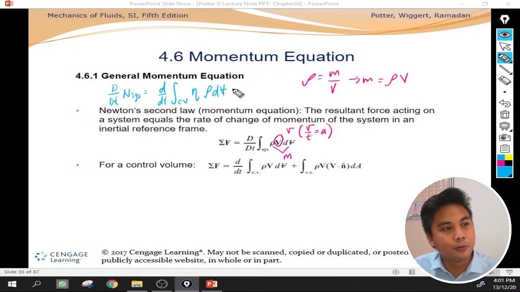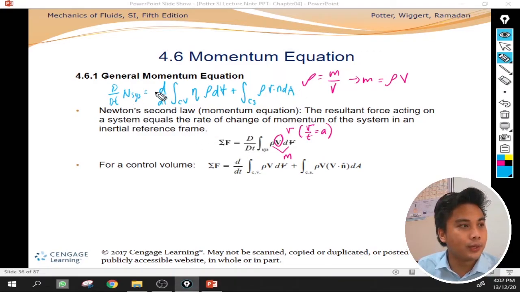This is volume, plus the control surface integral, this is in terms of control surface, rho V dot dA.